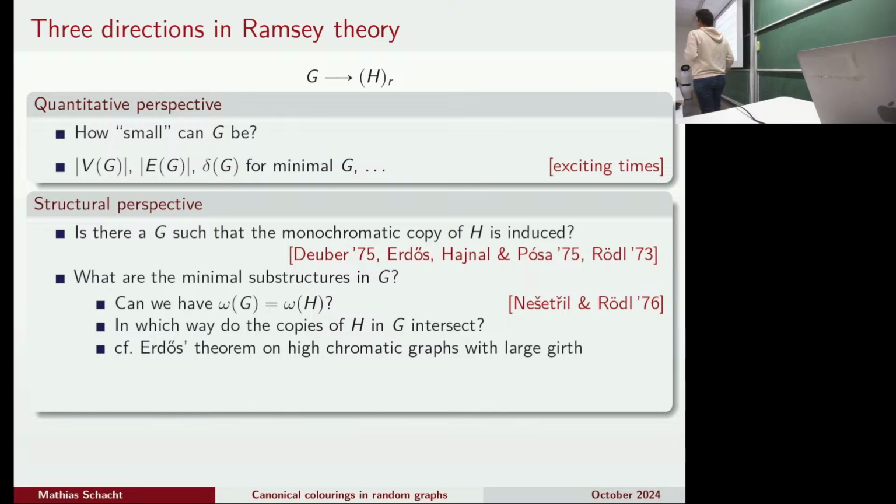Okay? So this answers in some sense, in a full way, this question, if you say H is just an edge, and we consider vertex colorings. The answer would be yes. The only thing you can find is that these copies intersect in vertices and they don't create any larger structures. The only substructures they form are trees locally.